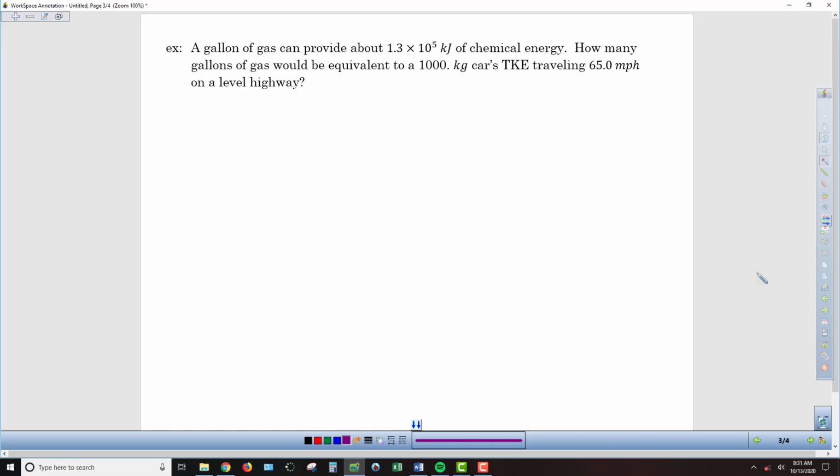If we take a gallon of gas that has approximately 1.3 times 10 to the 5th kilojoules, so that would be 1.3 times 10 to the 8th joules of chemical energy, we want to know how many gallons of gas would be the equivalent to a 1,000 kilogram car traveling at 65 miles per hour. So we're assuming all of the energy in the gallon of gas would be transmitted to kinetic energy.